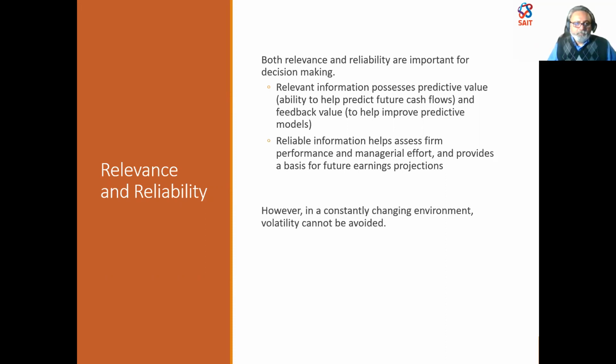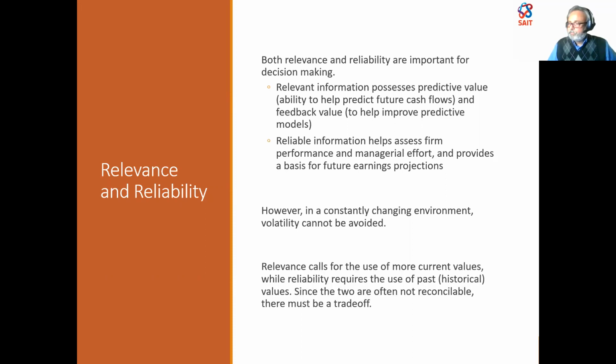Now, all that is great, but when you're faced with an environment that's constantly changing, there will be volatility. And volatility is just fluctuation. You'll have fluctuations in reported net income, you'll have fluctuations in stock prices, etc. So in order to make numbers more meaningful, there's always a push from the champions of relevance asking for more fair value numbers, more current value numbers.